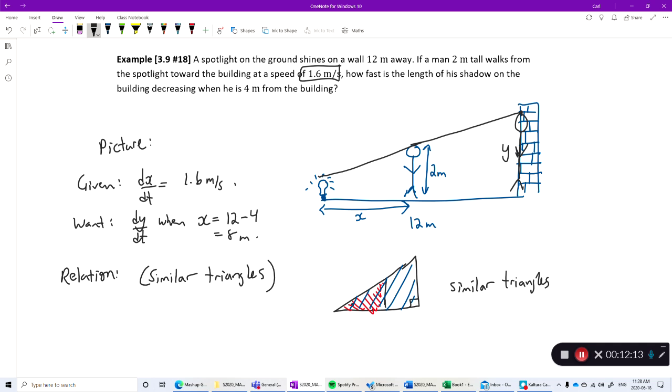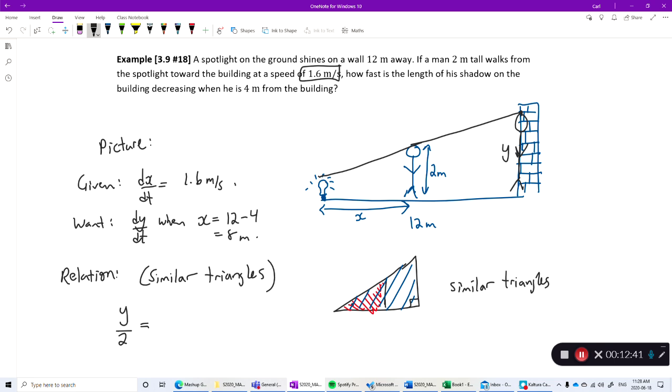And the ratio of the sides will be the same for all 3 pairs of sides. That's easier to see in a formula, I think. So the side length of y, the big vertical height here, to the man's height is going to be the same thing as what?